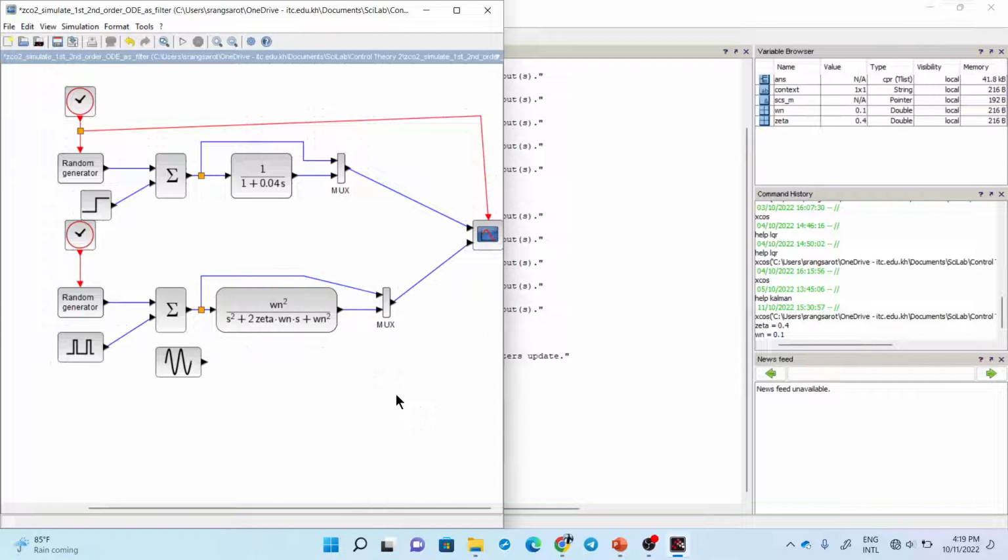Now I only consider the filter that we have with a pulse as input for first order and second order, like this. Then I can run it.